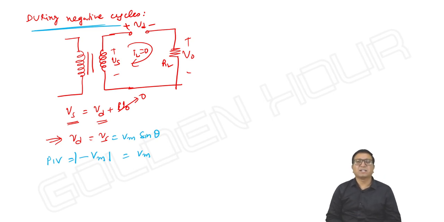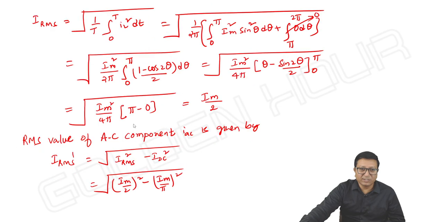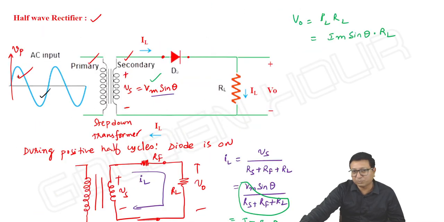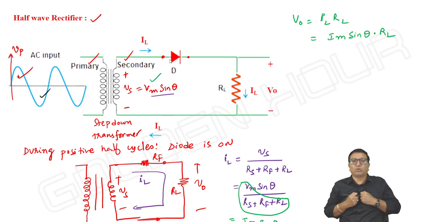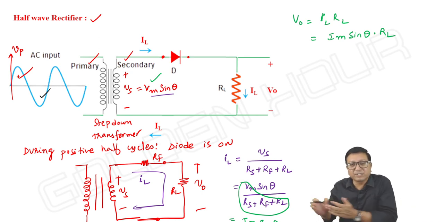What for are we calculating this parameter? You see, the idea here is, if you look at the diode, it is conducting for positive cycles and allowing the entire signal to pass through it. During negative cycles, the diode is an open circuit, it is objecting the signal and holding it. In the positive cycle, the entire signal is sent to the load resistor.